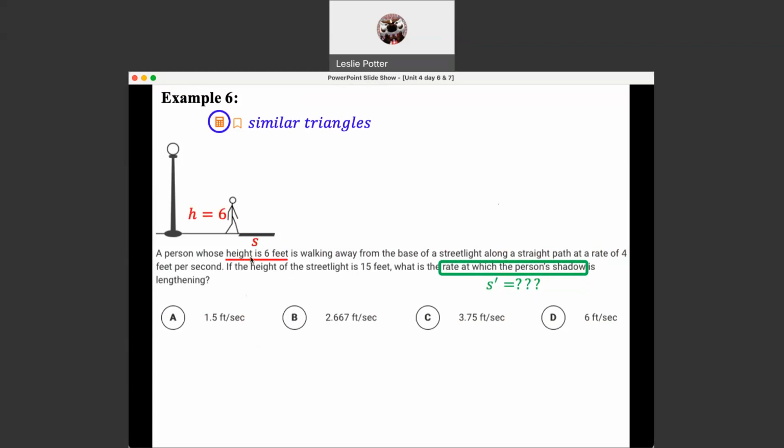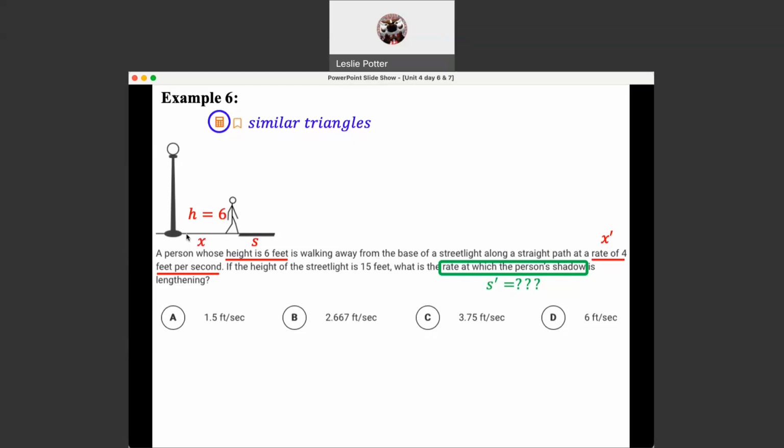We know the person has a height of 6, so I'm starting to get a sketch here, or at least annotate the sketch I have. The rate the person's walking is 4 feet per second, and so they're walking away from the base of the street light.